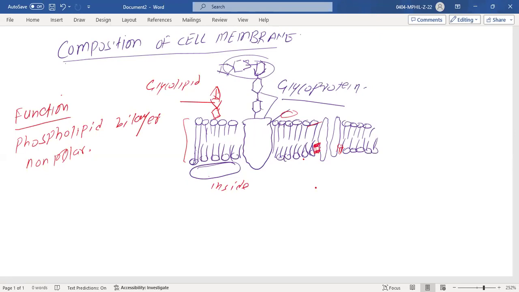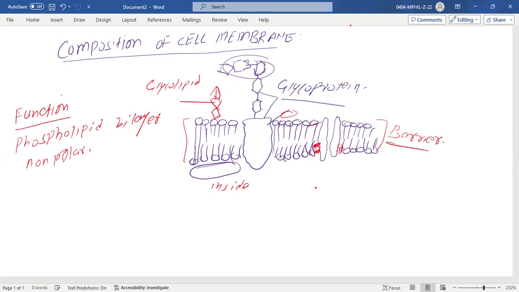It is non-polar. Any substance which is present inside or outside that is polar is not able to pass through this membrane, because this membrane will act as a barrier. What is its function actually? Its function is to provide a barrier.